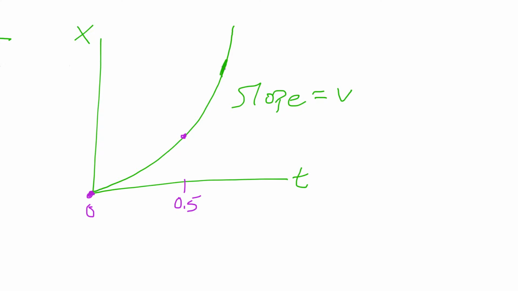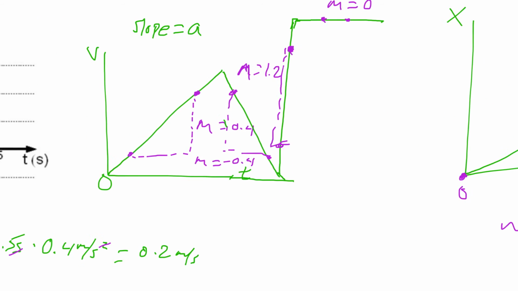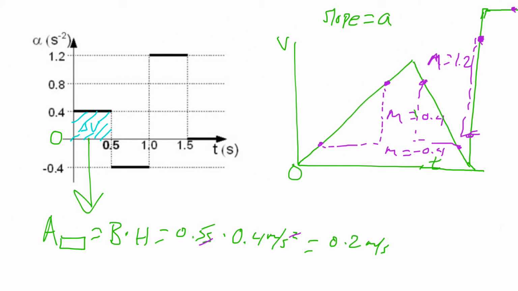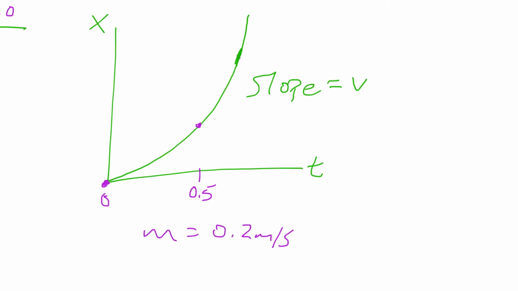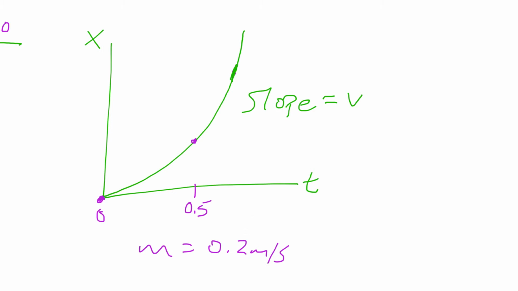So the slope of this line here would have to equal the 0.2 meters per second that we calculated as the area underneath the acceleration versus time graph. So if you came over here and plotted that and did your rise over run here, then your slope would end up being this 0.2 meters per second.